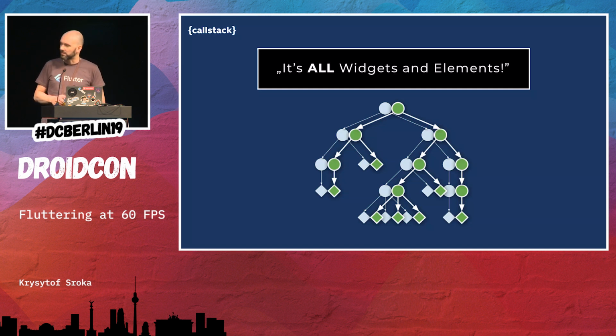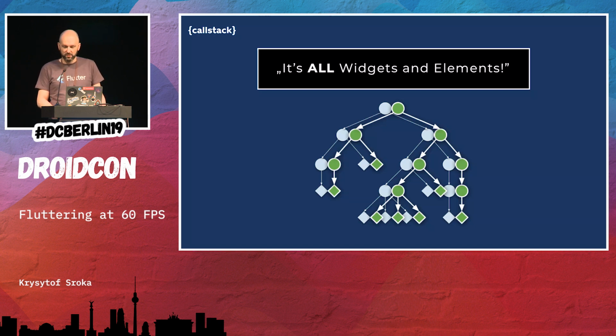We can think of it as a tree, translating to the tree of elements. The elements actually are the basic blocks and the most important blocks in the Flutter framework, because this is what Flutter uses to actually perform all the operations. It doesn't go that much into widgets themselves.